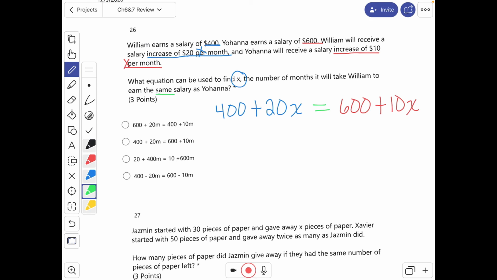That means these two need to be equal to each other. Which equation shows that? Of course, in my answer choices, they used M, and I think we're supposed to be using X.